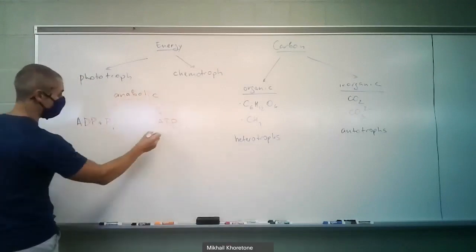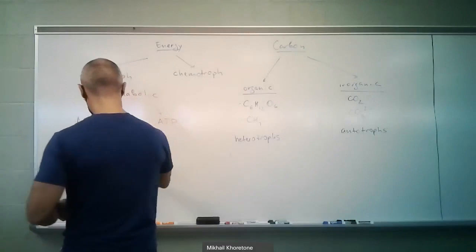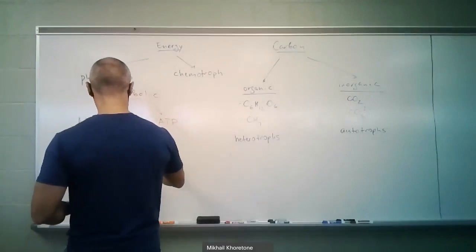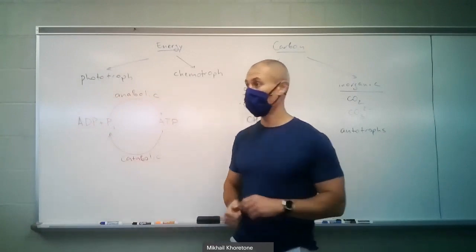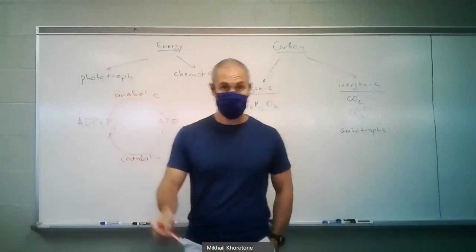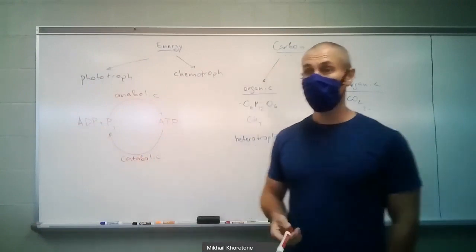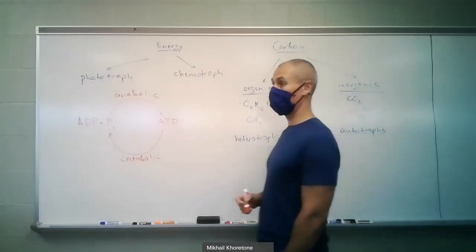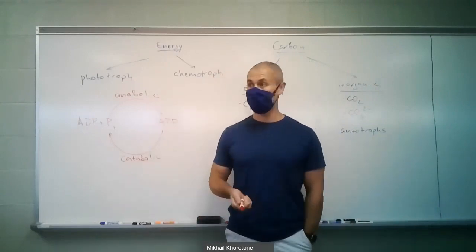And reactions of breakdown are called catabolic. So for instance, the breakdown of starch by some fungi will be a catabolic reaction, while synthesis of proteins by those same fungi will be an anabolic reaction.